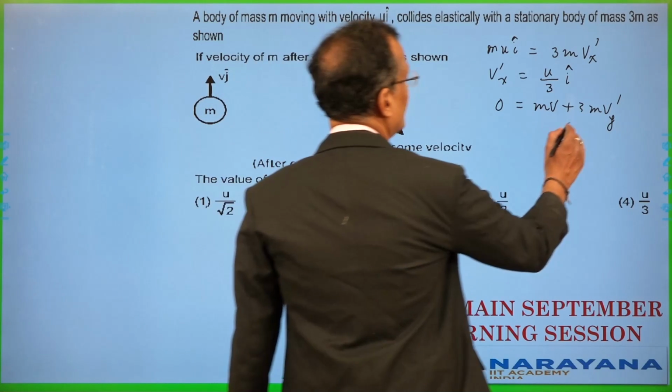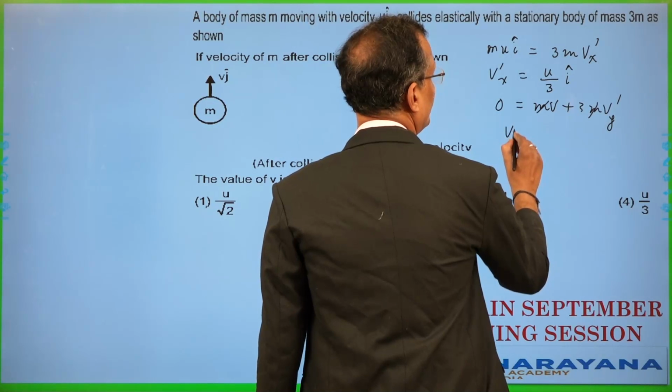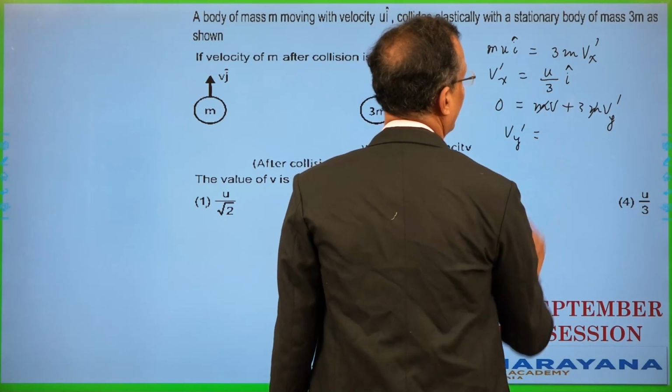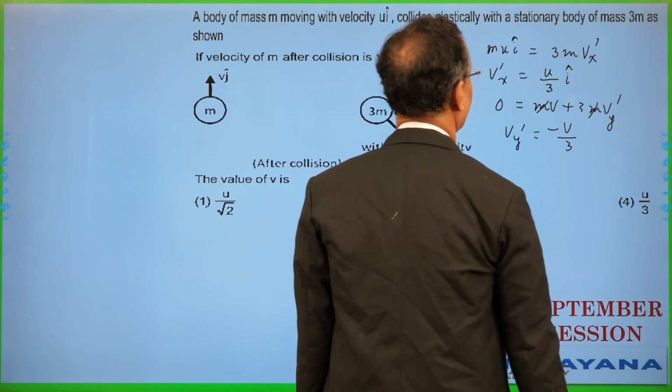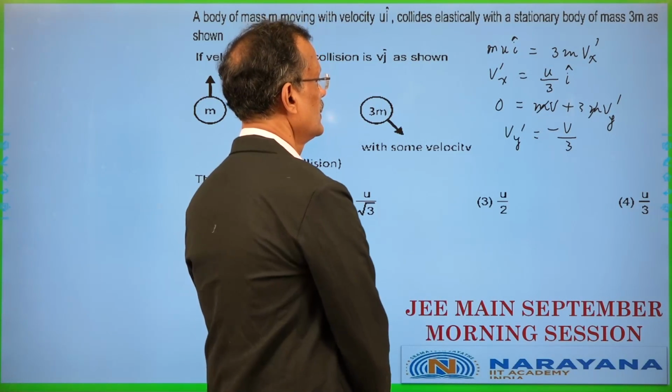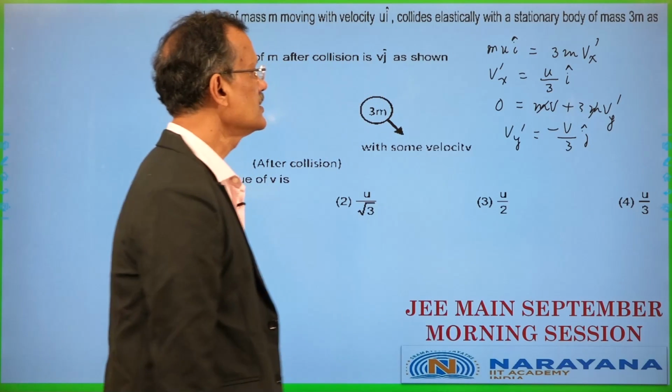So, now from this m cancels, vy dash, how much are you getting? Minus v by 3. Clear? So this is equation z. Understood?